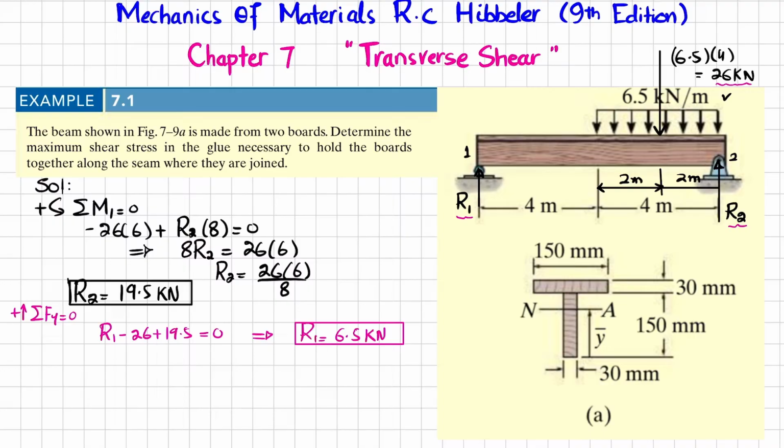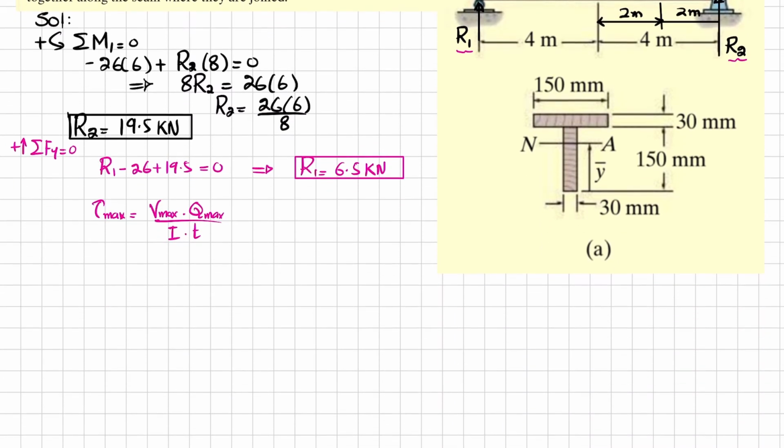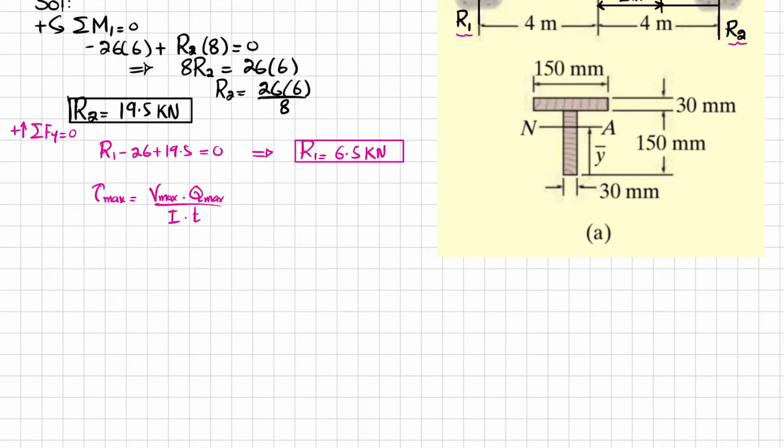So what we are going to do is draw the shear force diagram in order to find the maximum shear force, because we know that the maximum shearing stress is equal to the maximum shear force times Q max divided by I times t. So we will find this maximum shear stress by using the shear force diagram.